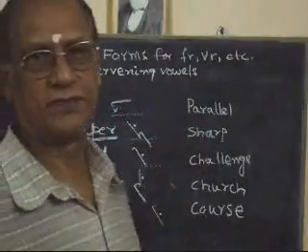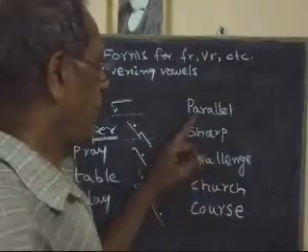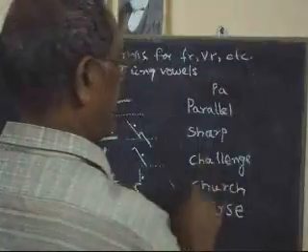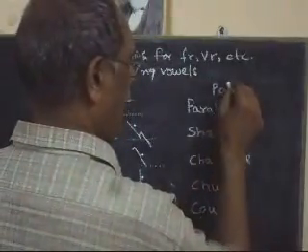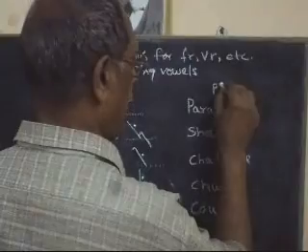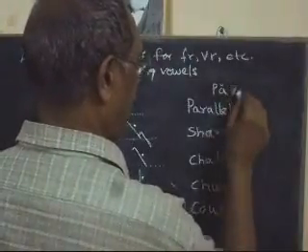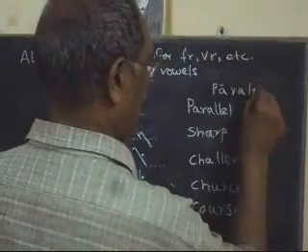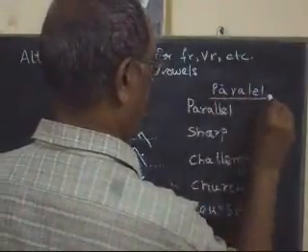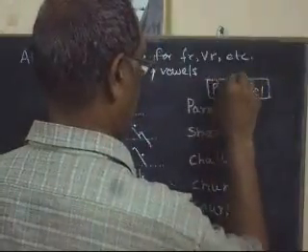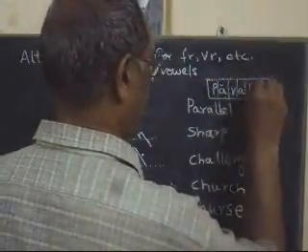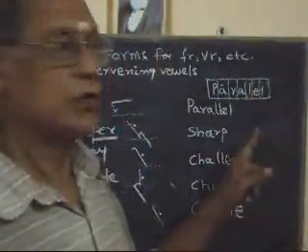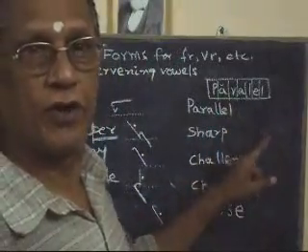You come to this example. Here, parallel. P, A, R, A, L. So this is a phonetic structure, you know already.